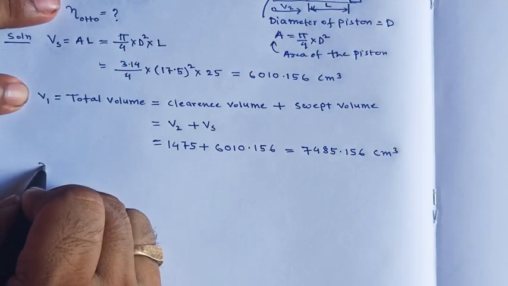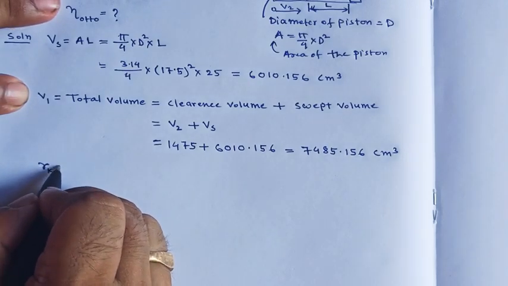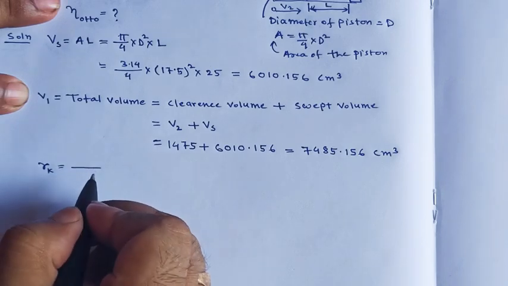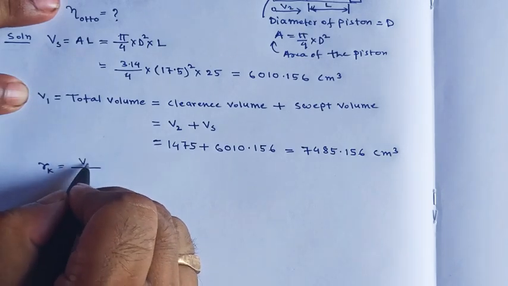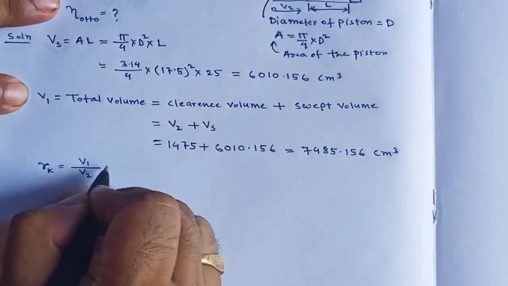Now we have to find compression ratio Rk. This value is V1 by V2.